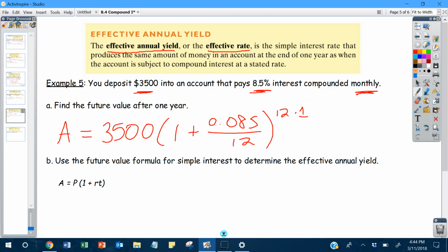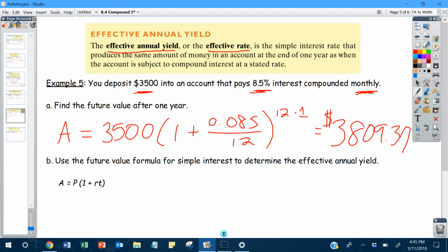So that's where the 1 comes in. So we're compounded monthly, N is going to be 12. And I'll just do this real quick in my calculator. And I end up with $3,809.37. So that's how much money I'm going to have after a year.